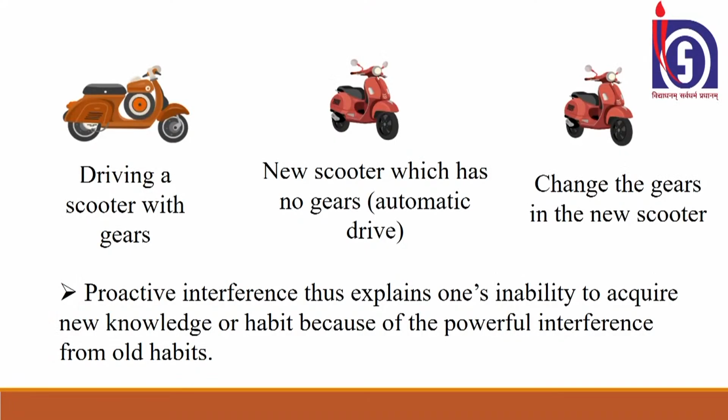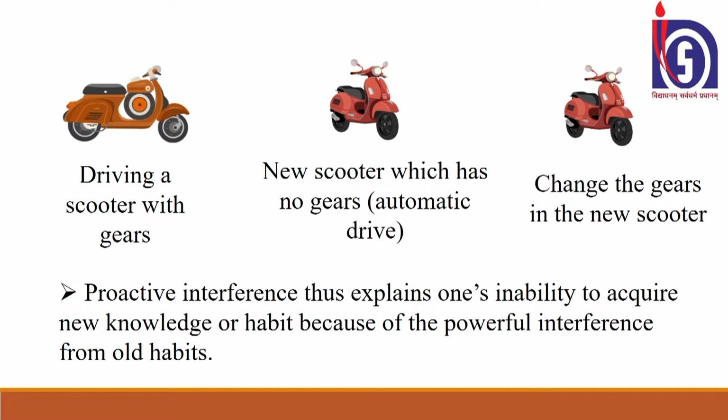Another example is of proactive interference. For example, if you tend to drive a scooter with gears and then you buy a new scooter which has no gears, an automatic drive, and then while you are driving the new scooter, you try to change the gear.